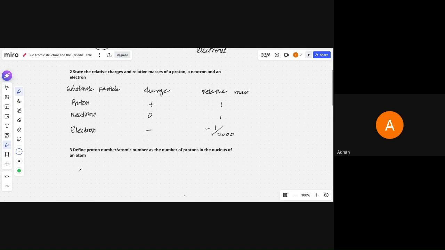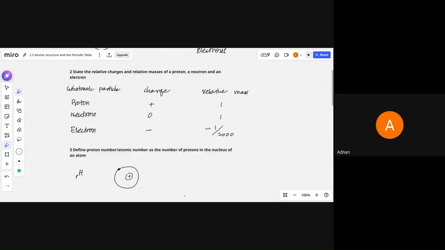For example, in hydrogen we have only one proton in the nucleus and one electron in the outer shell. So the atomic number for hydrogen will be 1, and it is written on the bottom left side of the atom. This is the standard notation.